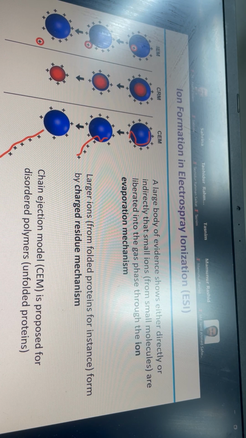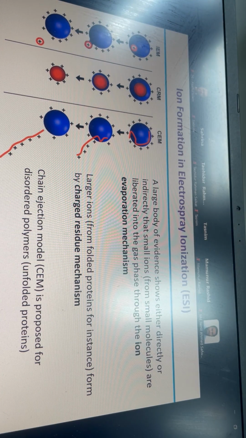If you have small pesticides or small metabolites and molecules, that ion will be evaporated. You see that ions will come to the edges of the droplet and eventually be evaporated from the big droplet. That's how small molecule ions are formed.